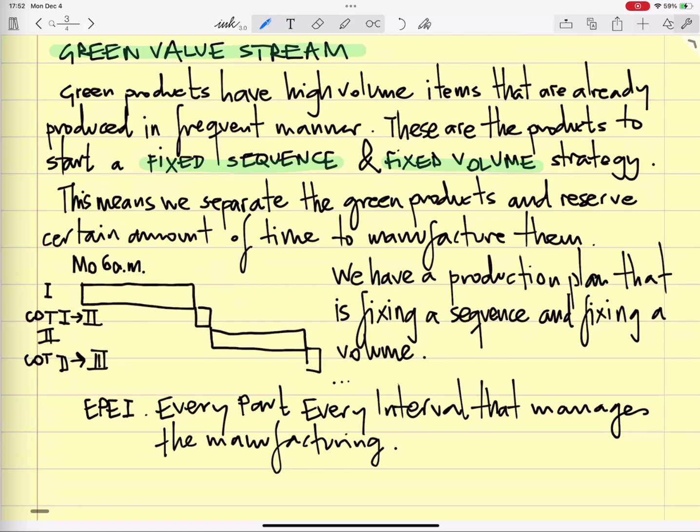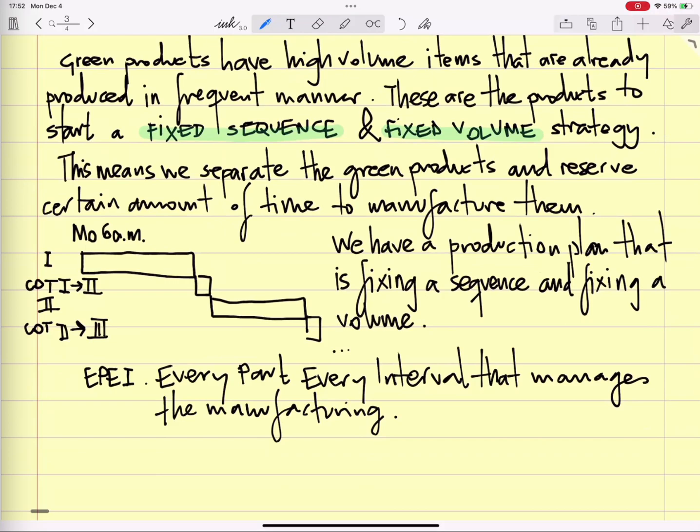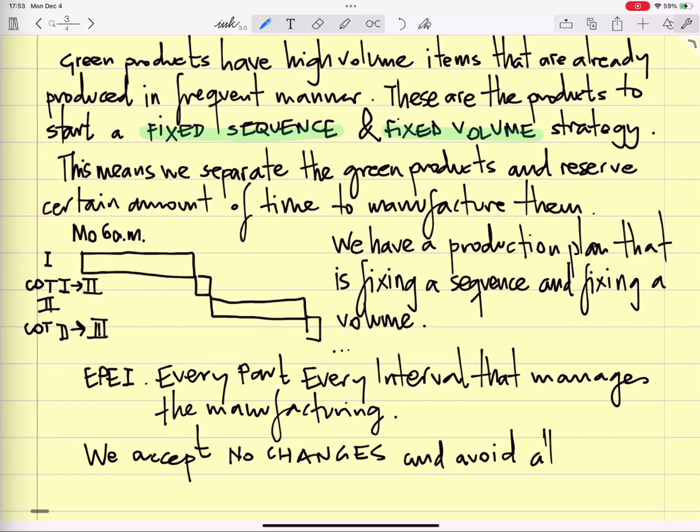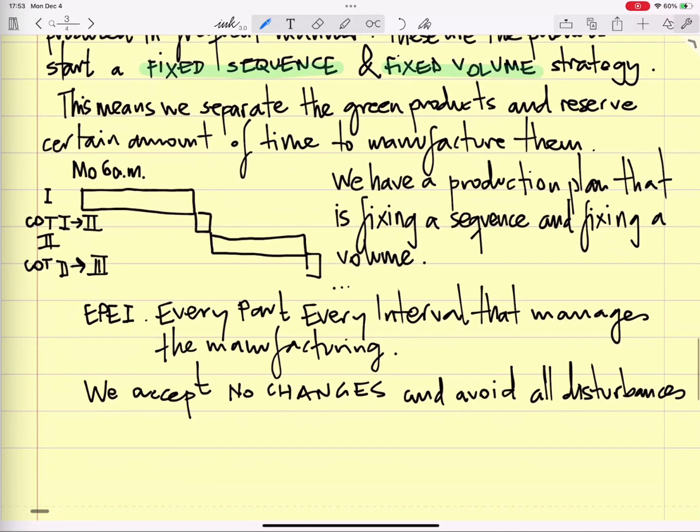We accept no changes. It's called a frozen window, and avoid all disturbances in the green stream.